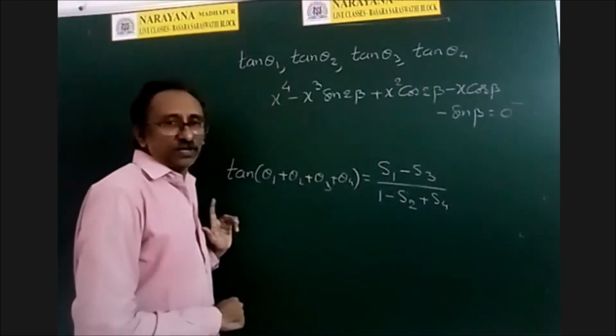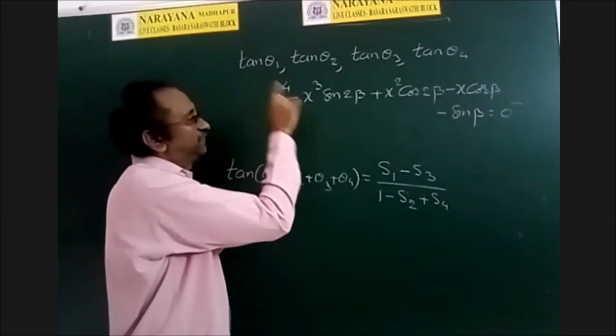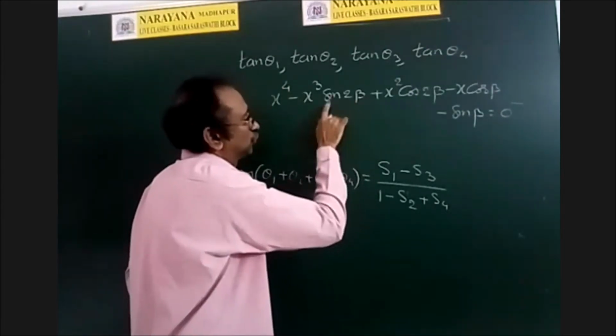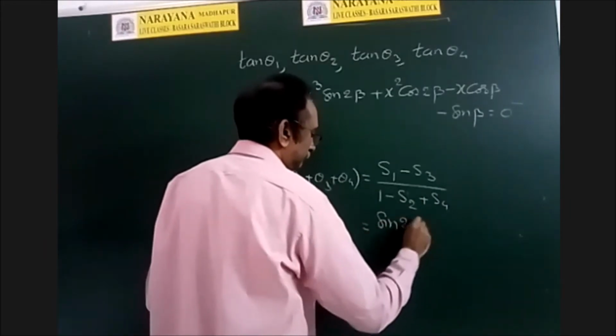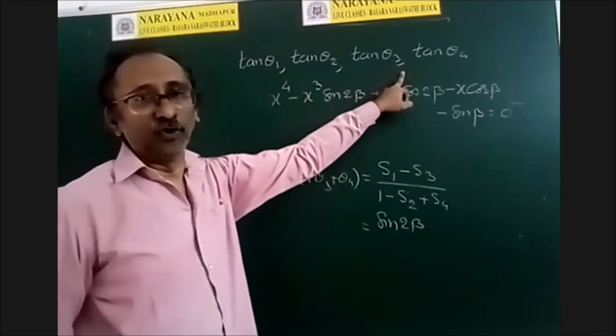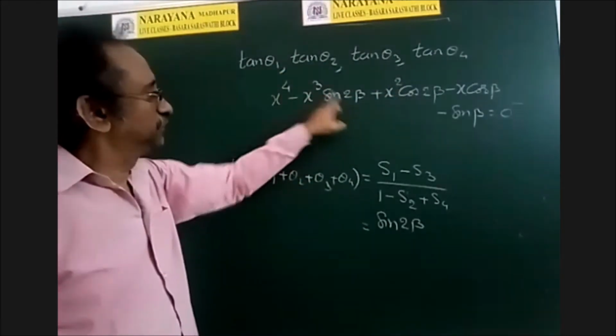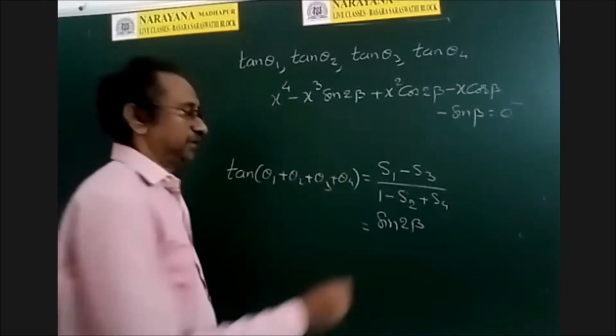What is the formula for the sum of the roots? Minus b by a. Minus of minus, plus. So you will get sine 2 beta by 1.